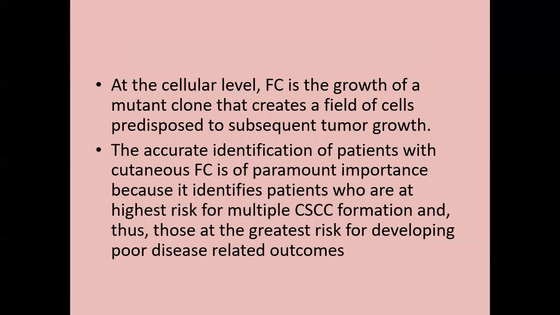So at the cellular level, field cancerization may be described as growth of mutant clones that creates a field of cells surrounding the original tumor that predispose to further tumor growth.